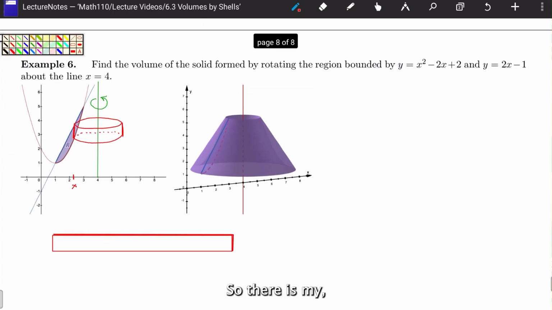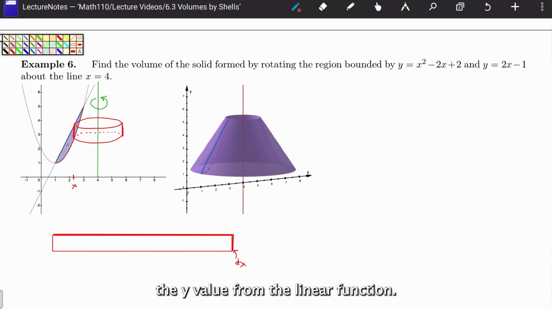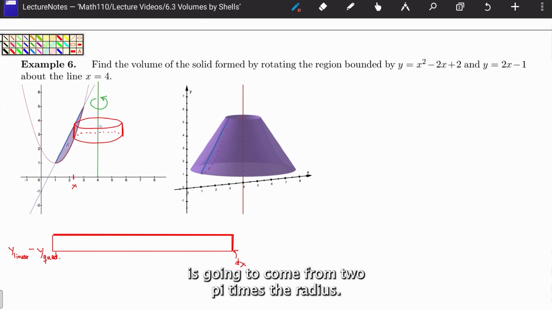So the thickness is dx. The height is going to be the y value from the linear function minus the y value from the quadratic function. And the circumference is going to come from 2 pi times the radius.